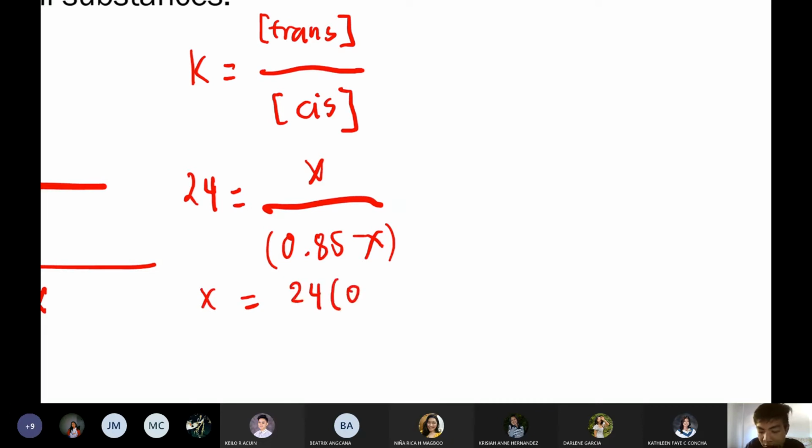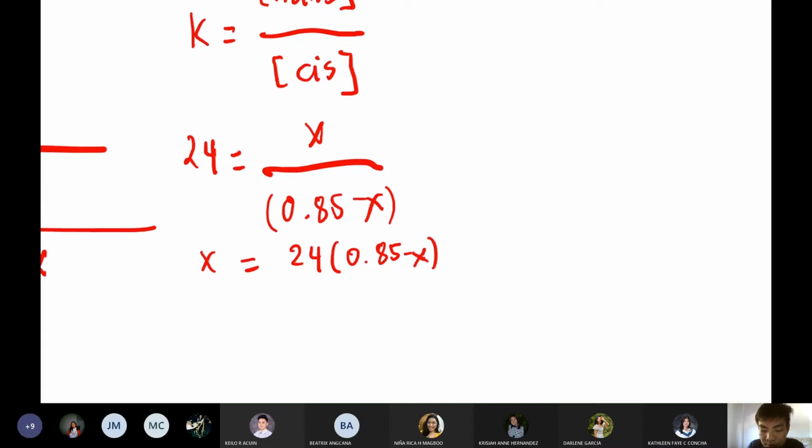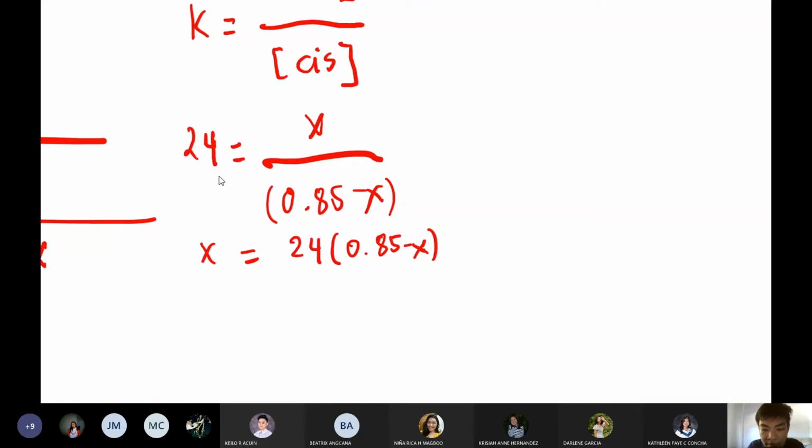That will be 24 times 0.85 minus x. After cross multiplying, next you're going to distribute 24 to our binomial.